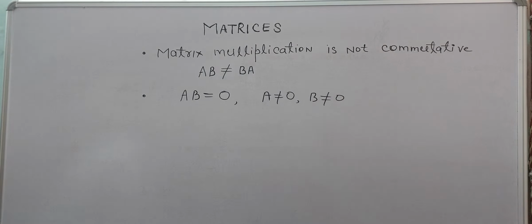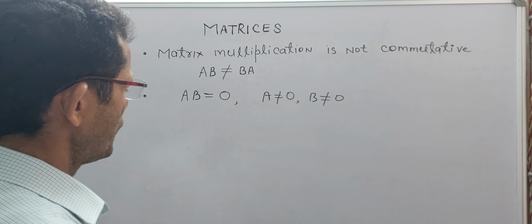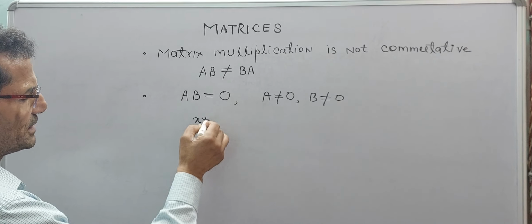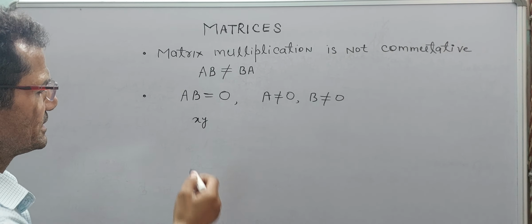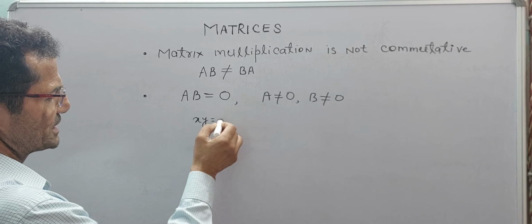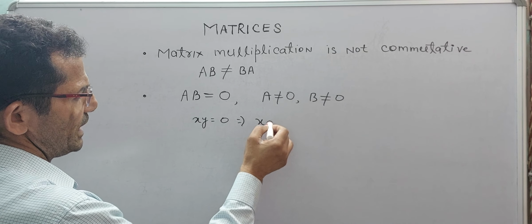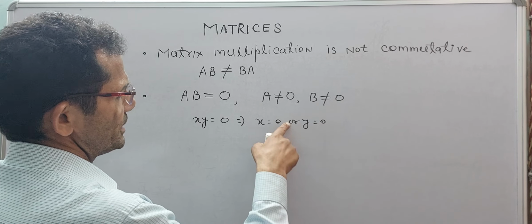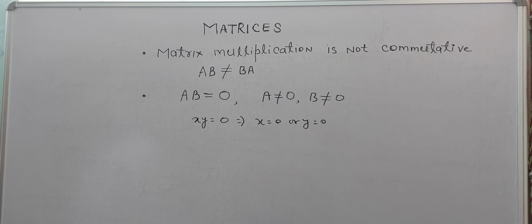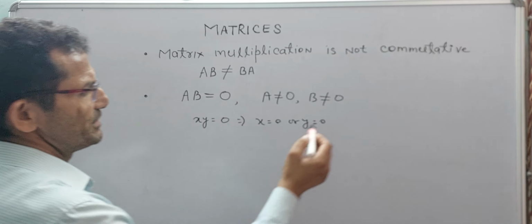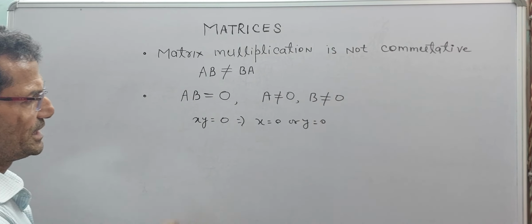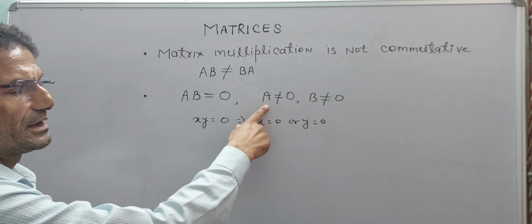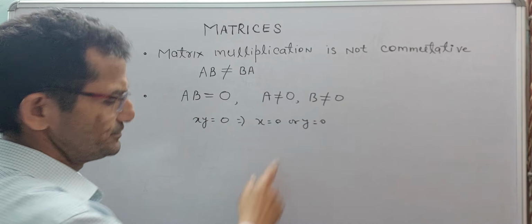In normal algebra, if I multiply two elements and xy equals 0, it is only possible that either x equals 0 or y equals 0. But in the case of matrices, A and B are matrices, and matrix multiplication can give a zero matrix, where A is not equal to 0 and B is not equal to 0.